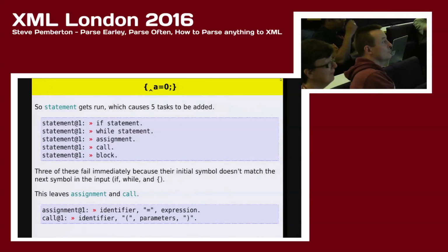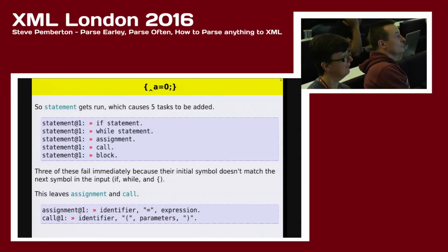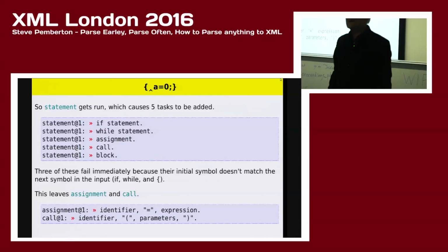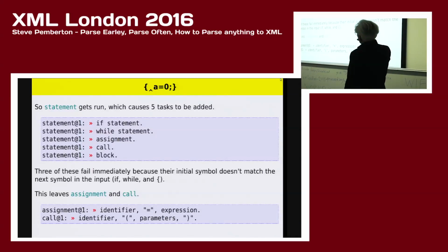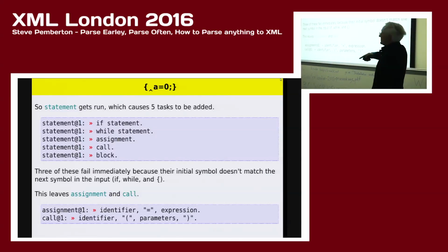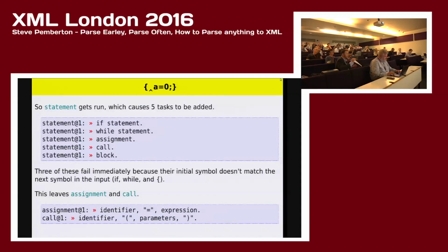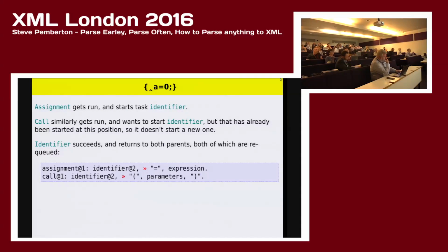Now, three of those fail immediately because the input doesn't start with if, and it doesn't start with while, and it doesn't start with a brace. So we've only got assignment and call left over. They both want identifiers. So assignment calls identifier, so that means that this one will not call identifier because this is already running at that position in the input. So this links to that one, as it were.